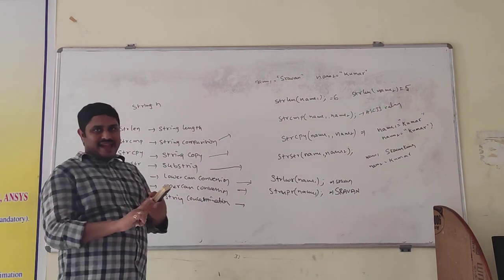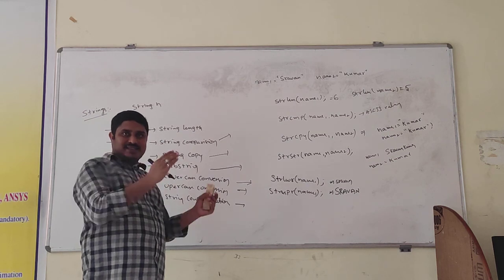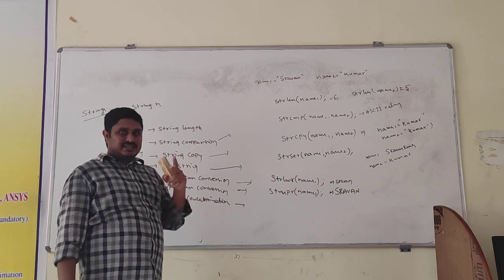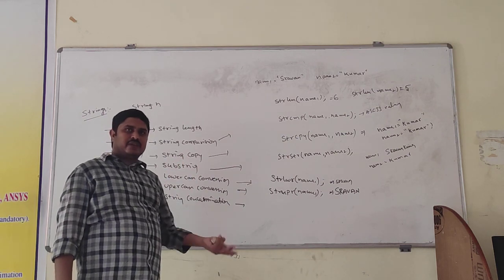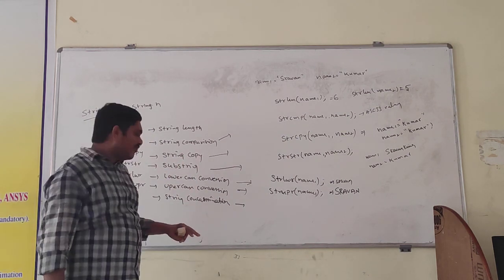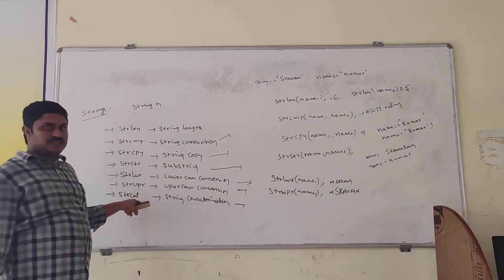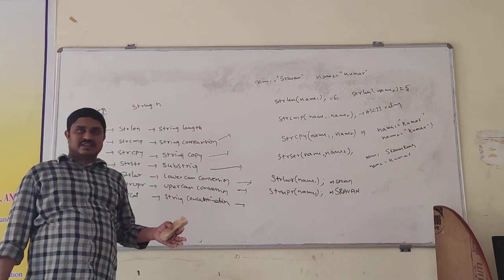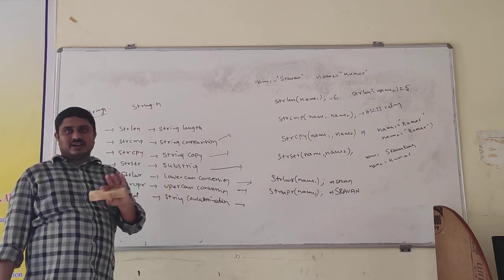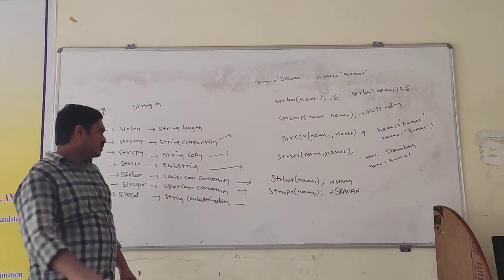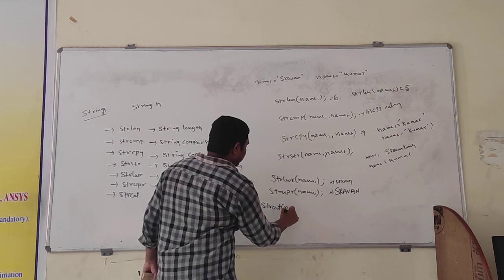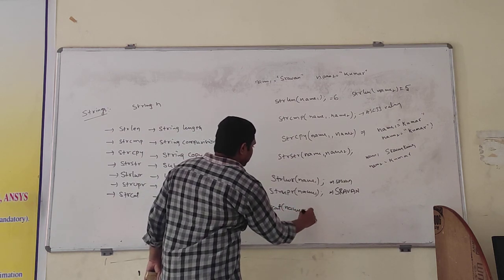Concatenation means adding. The second string is added to first string. For adding, we must have two values. The second value is added to first value, or first value is added to second value. Whereas coming to string concatenation in C language, always the second string is added to the first string, but not the first string added to the second one. strcat of name 1 comma name 2.